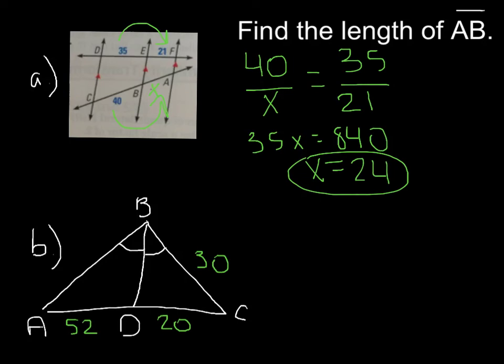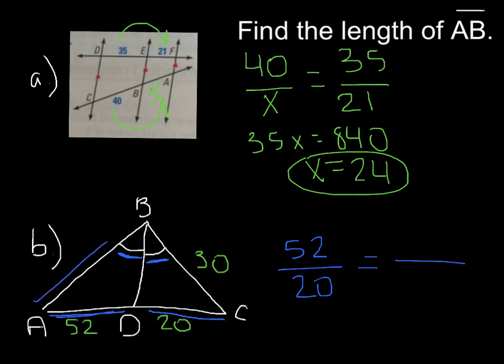Our last problem that we have here is dealing with our angle bisector, because I can see that the 2 angles are congruent, so that means I'm going to start by setting up a ratio of the 2 segments that are formed here by my side AC. So I'm going to say 52 over 20 equals, and since I said 52 first, that means I'm going to use this side first.